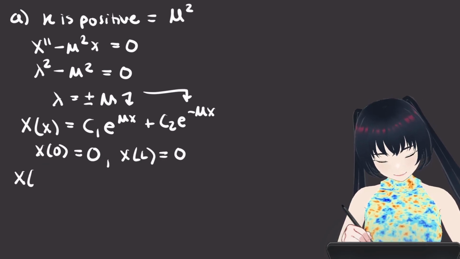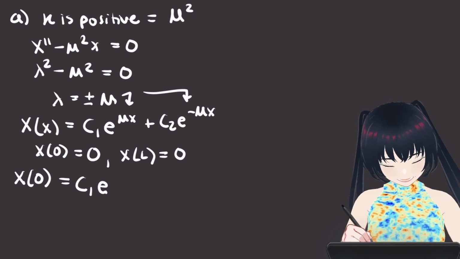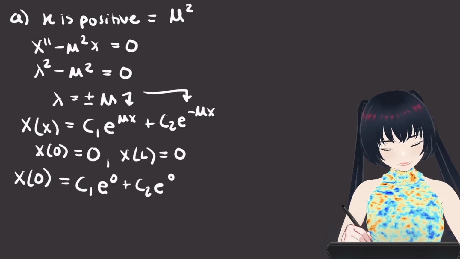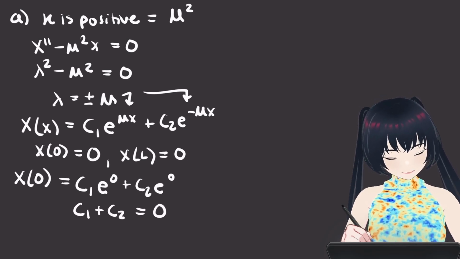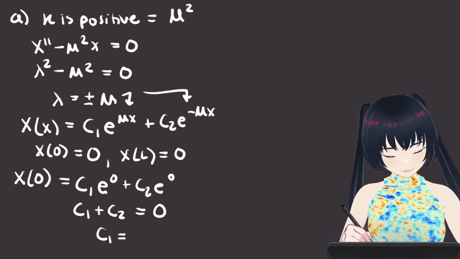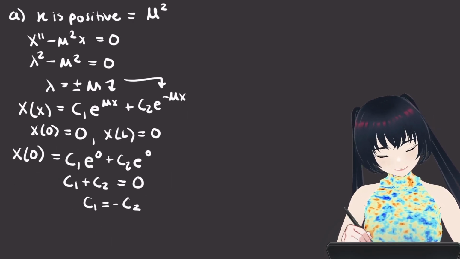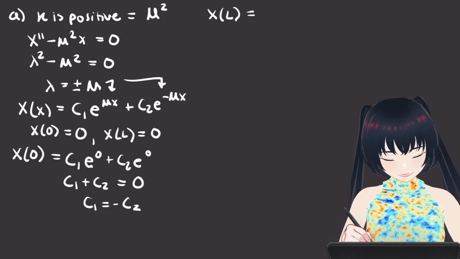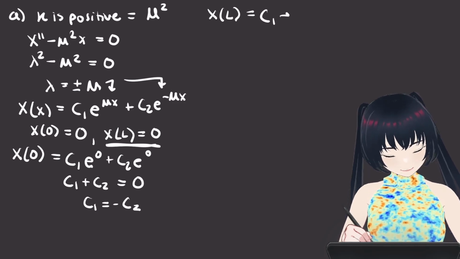So let's first start with X of 0. When we plug this into X, c1 e to the 0 plus c2 e to the 0, we get c1 plus c2 is equal to 0. That means that c1 is equal to negative c2. Similarly, now that we know that c1 is equal to negative c2, we can plug that into our second boundary condition, which says that X of L is equal to 0.